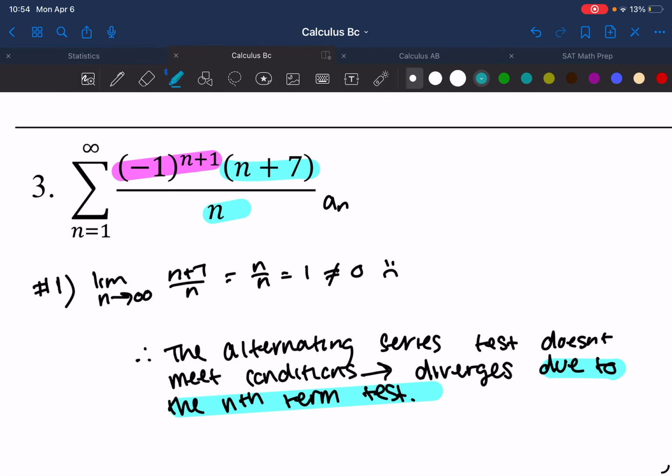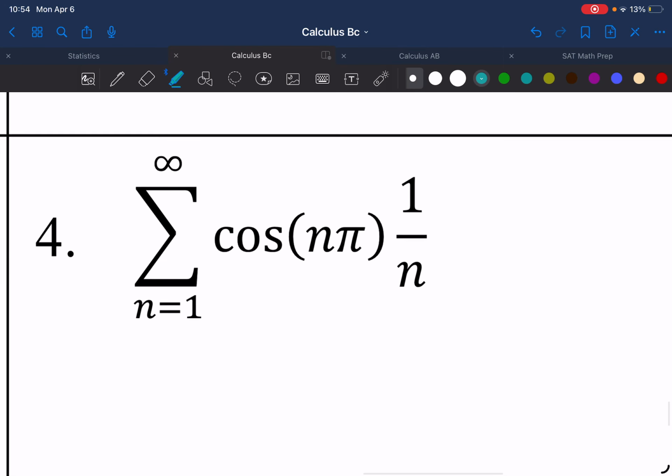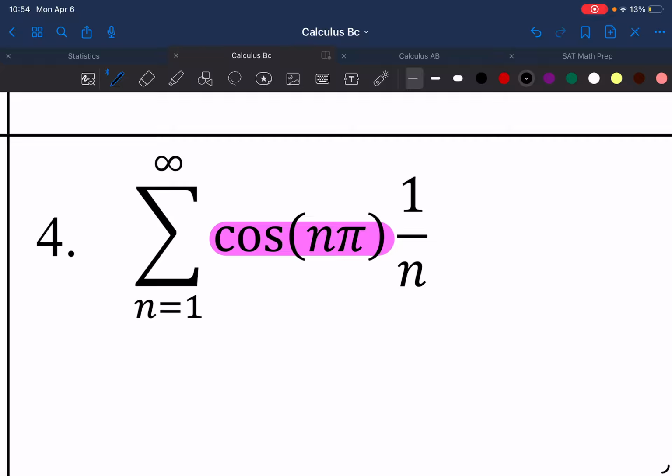Now let's look at number 4. Number 4 looks a little different. It's not obvious that it's an alternating series. However, it is, and the reason is based off of cosine of n pi.